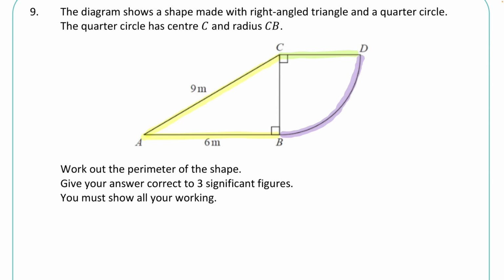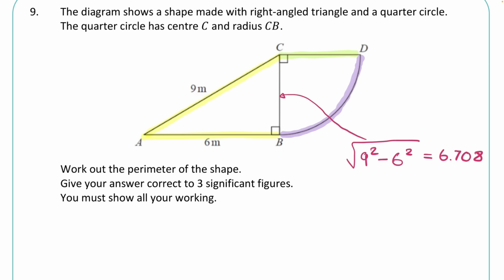So for the missing line C to D, we can find this line of the triangle using Pythagoras Theorem. It's a shorter side, so we'll do 9 squared, take away 6 squared, and I would normally just put that all under a square root, so it gives me my answer straight away. So the square root of 9 squared, take away 6 squared, and that gives me 3 root 5, or as a decimal, 6.708.